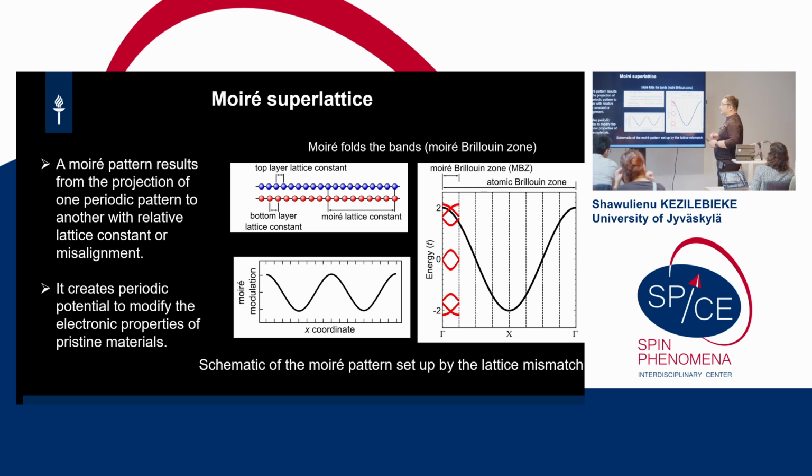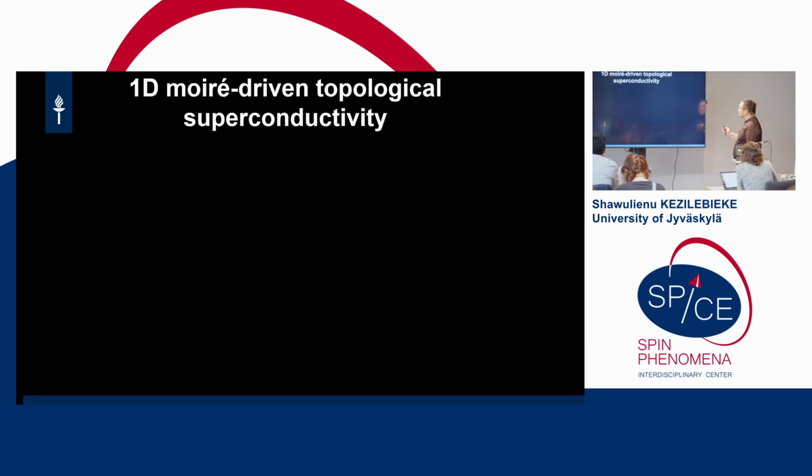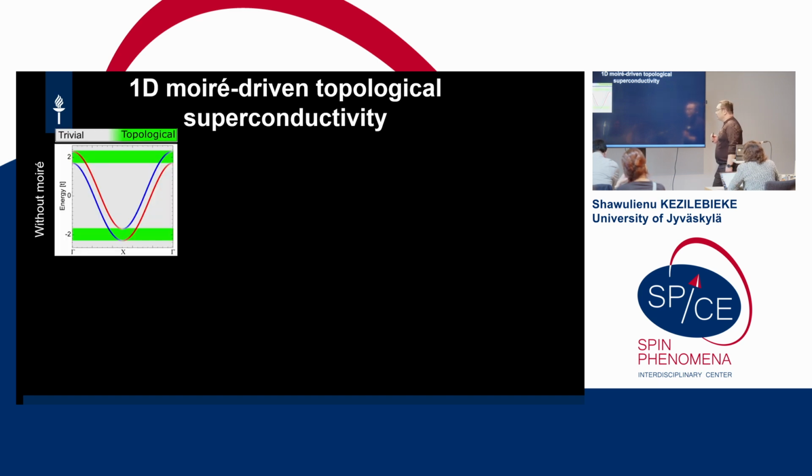And under this periodic potential and this lattice constant, you fold your bands to create new Brillouin zones, new mini bands, the Moiré bands, which is shown schematically here. And how can we apply this to topological systems? In order to understand this, let's go back to the one-dimensional case. Again, a parabolic band.